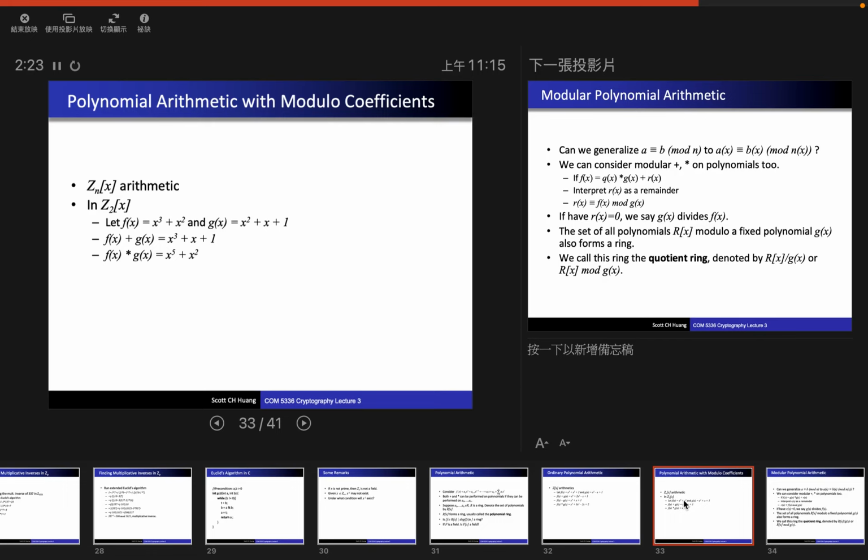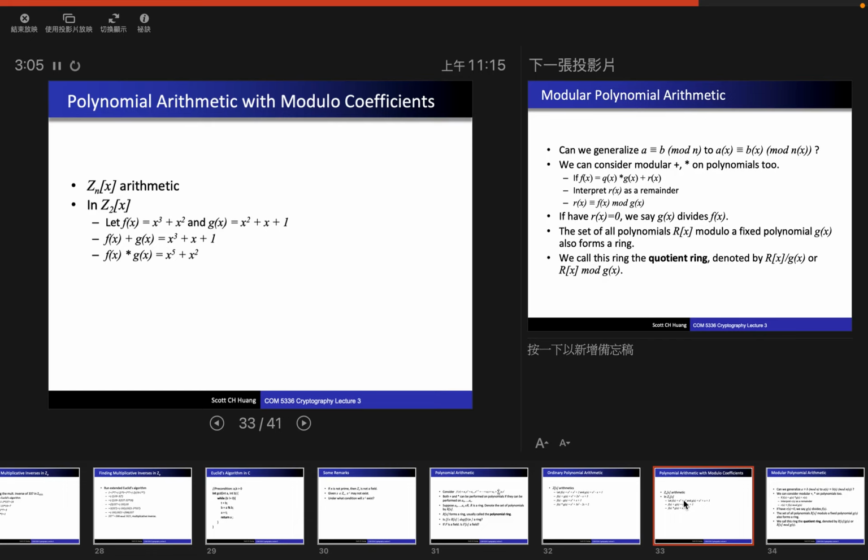And how about this x to the fifth? x to the fifth times x squared, so this is 0, another 0, and then x to the power of 7 plus x to the power of 8. So altogether we have x to the power of 8 plus x to the power of 7 plus x to the power of 5 plus x to the power of 4. Something like that. That's multiplication.